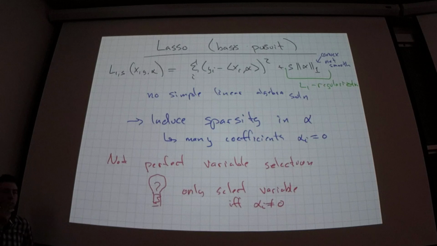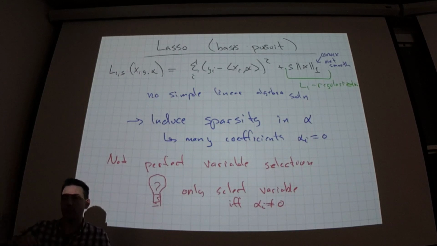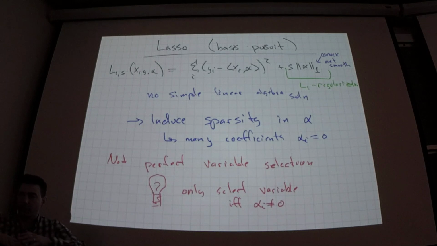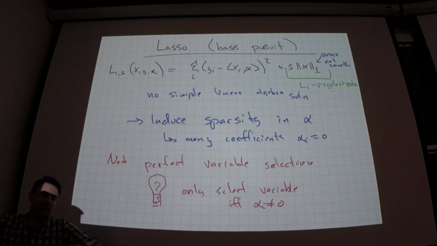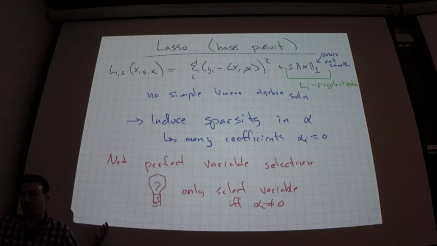I could have two variables that are correlated. So if one goes up, the other one also goes up, right? Let's say height and weight are correlated. Let's say those are both x values, and I want to predict the age of someone based on the height and the weight. As either of them increases, the age is also probably going to increase, especially when someone is less than 20.